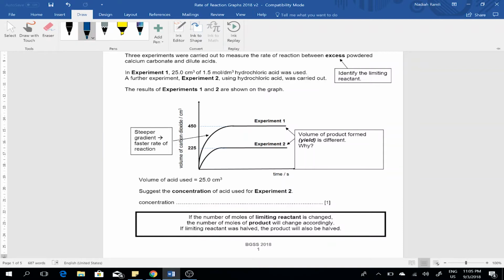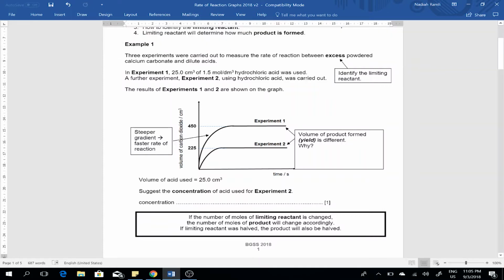In this case, the excess is powdered calcium carbonate. Alright, so therefore, the limiting reactant was the hydrochloric acid. So any change to the hydrochloric acid will result in a change of yield. Okay, so now let's look.